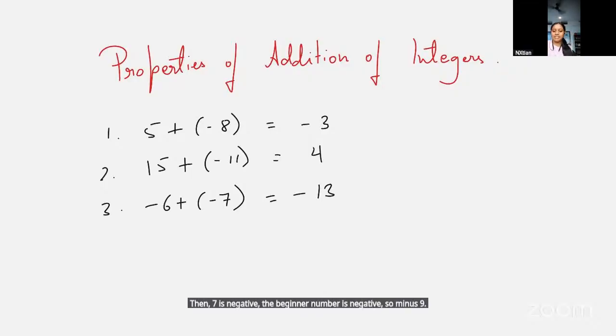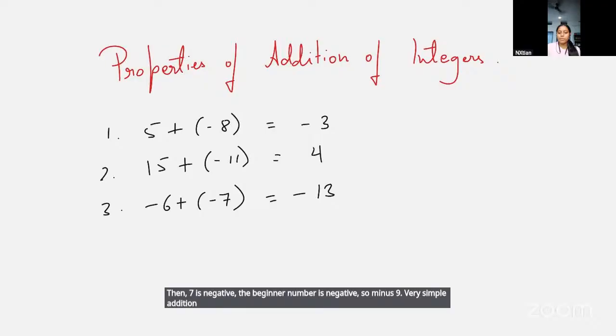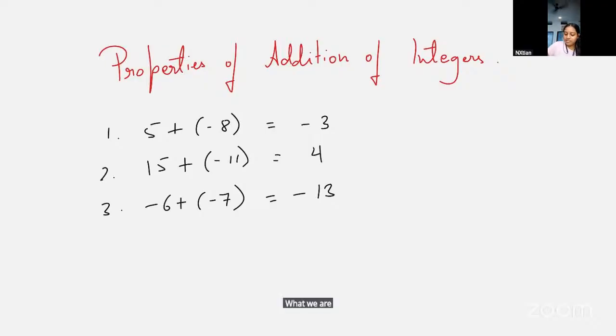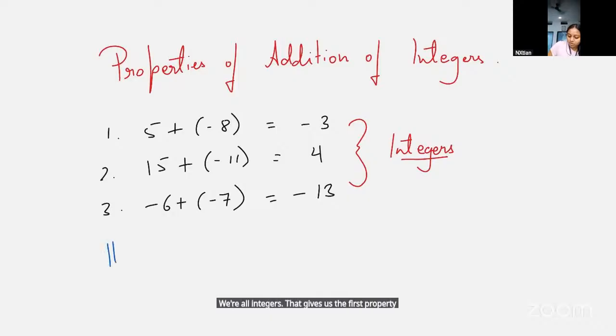Very simple addition examples. Now, what we are observing in all these answers is that they are all integers. That gives us the first property of integers.